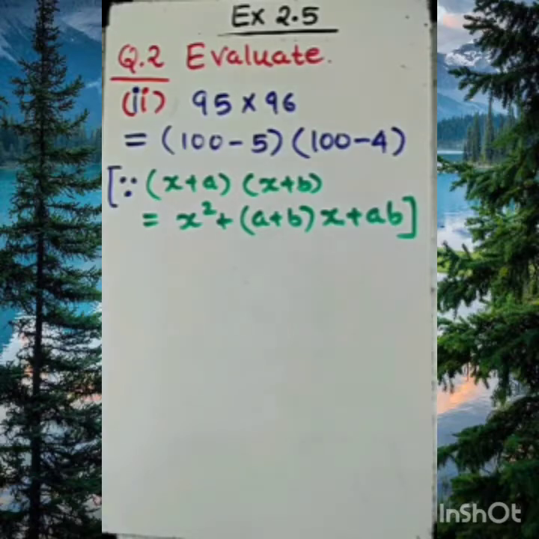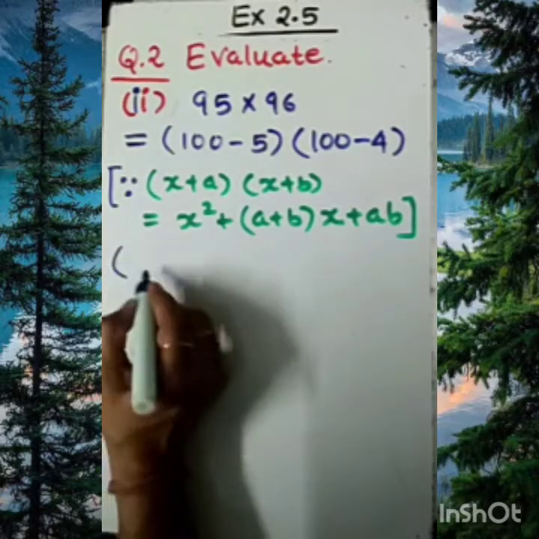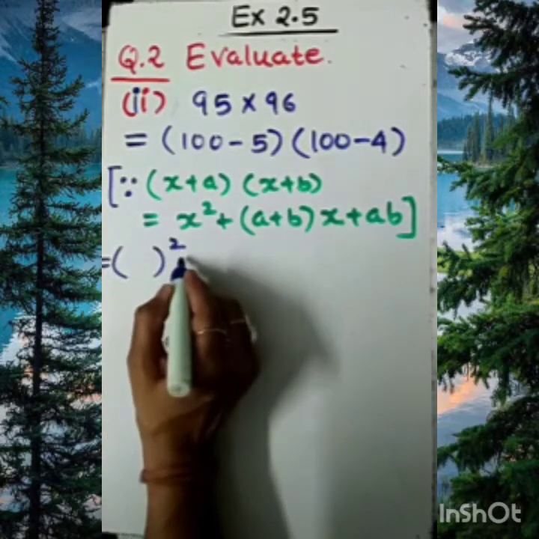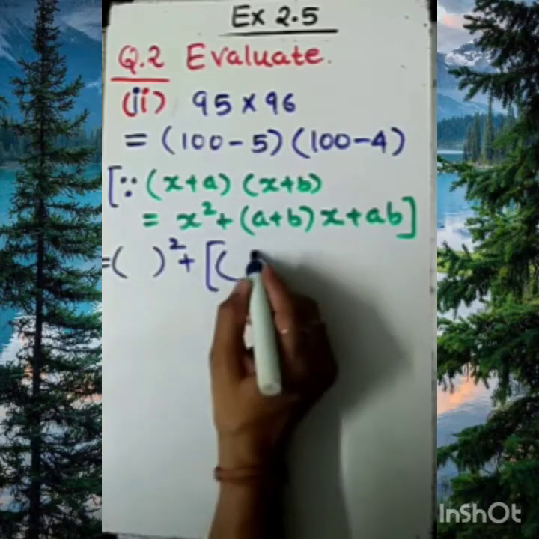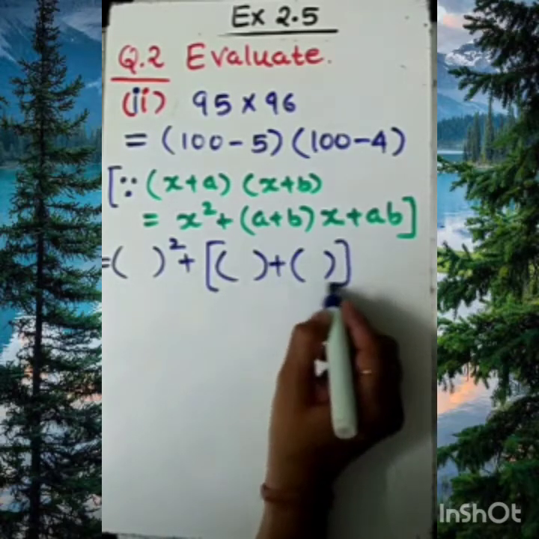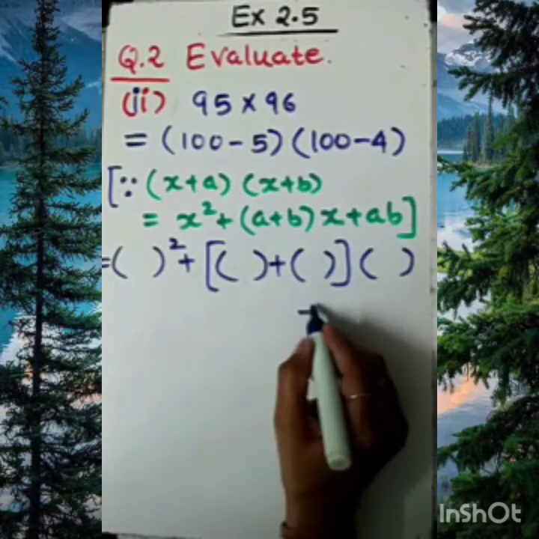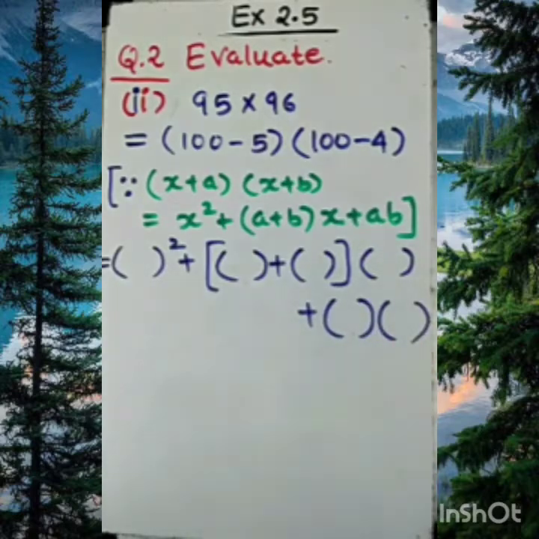This is our useful identity. Now dear student, if I compare with the given, it will be equal to x square plus a plus b x plus ab. Now let's substitute the values.